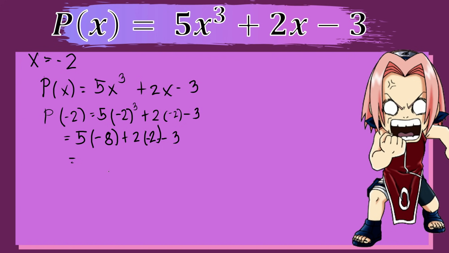So, next po, multiply naman natin lahat nung pwedeng i-multiply na. So, we have 5 times negative 8 will give us negative 40 plus 2 times negative 2, magkaiba ng sign. So, the answer is negative 4 minus 3.